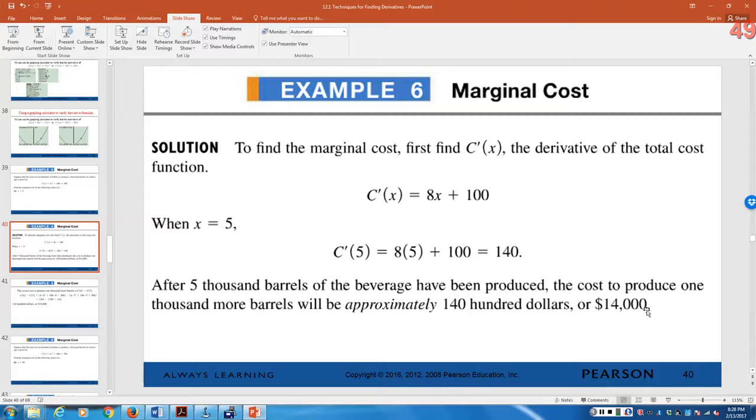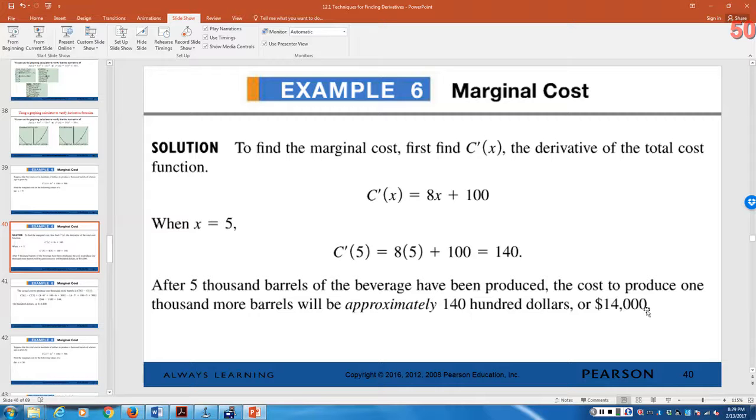But there's a relationship between the marginal cost and the actual cost. The marginal cost is saying it is increasing by about $14,000. The actual cost of that 1,000 is saying, well, it actually was a little more than 14,000, it's 14,400. But that difference between your marginal and your actual gets very small as the number of units that you manufacture increases, depending on the function.